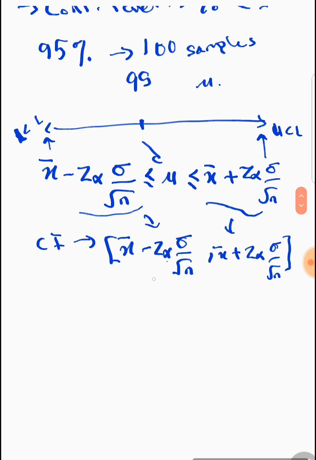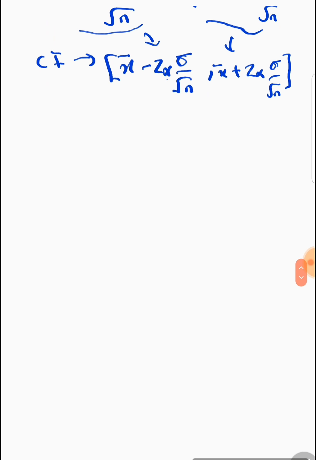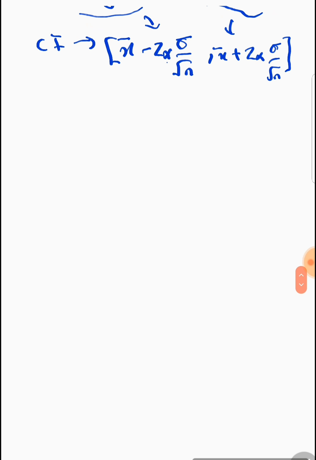All right, so let's move back to what the example was earlier. If we go back to the earlier example, we have talked about the population mean. So I'm going to write it as mu of 1456, right?